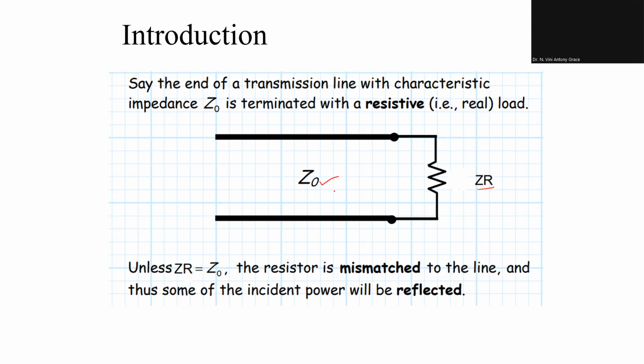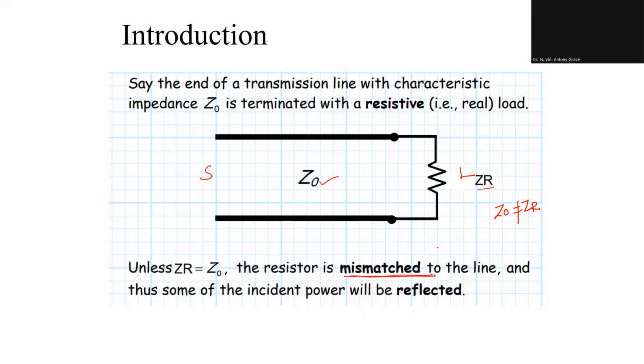We all know that only if Z0 is equal to ZR, the line is said to be a matched transmission line, and in this case, all the power that is transmitted from the source to the load will be absorbed by the load itself. But in certain cases, whenever Z0 is not equal to ZR, then the line is said to be mismatched.